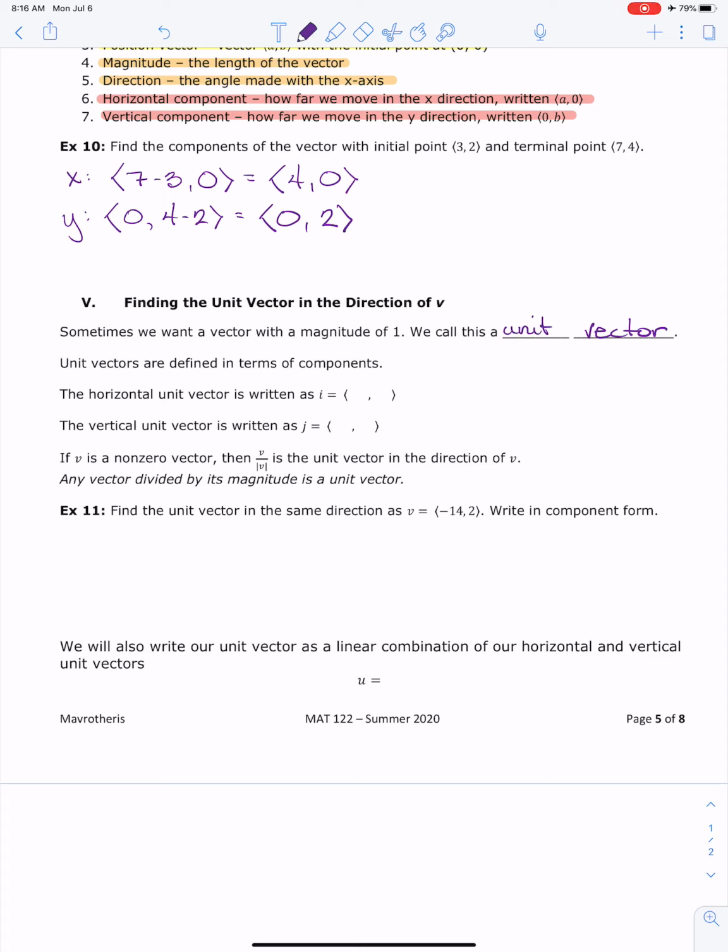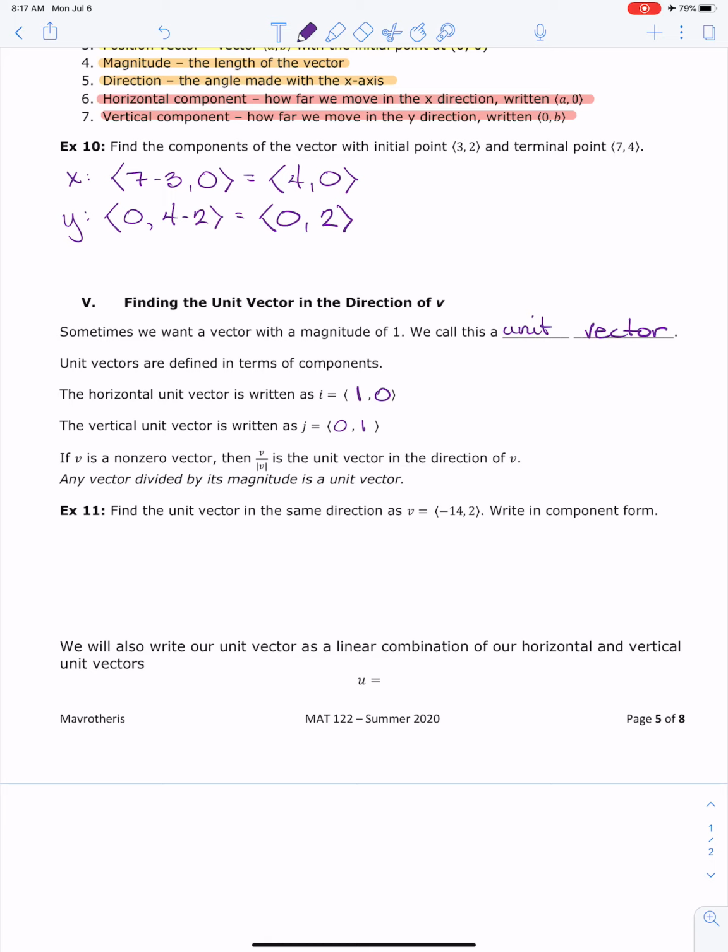So that horizontal unit vector, we call this i. It's going to move just 1 to the right. So here's my horizontal unit vector. It's the vector 1, 0. Our vertical unit vector, we call j. And that just moves 1 in the vertical direction. So that's the unit vector 0, 1.